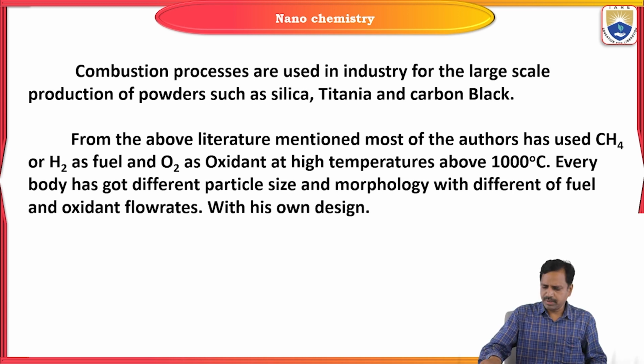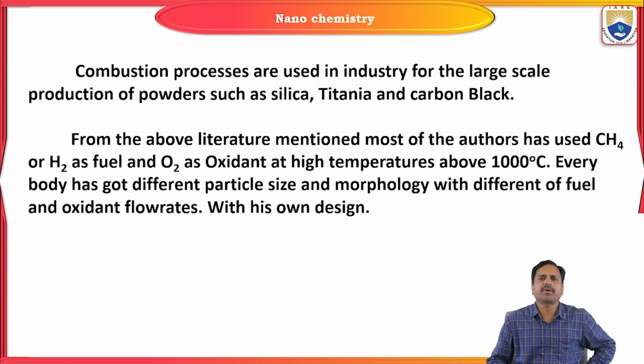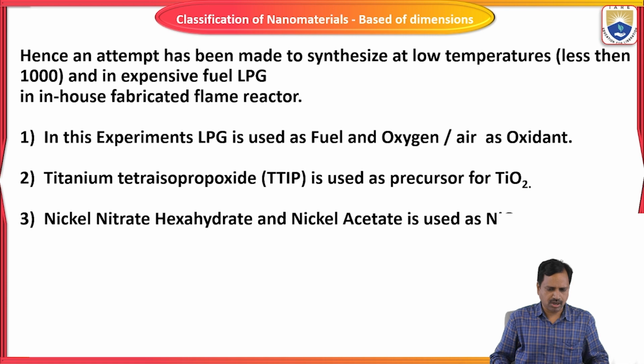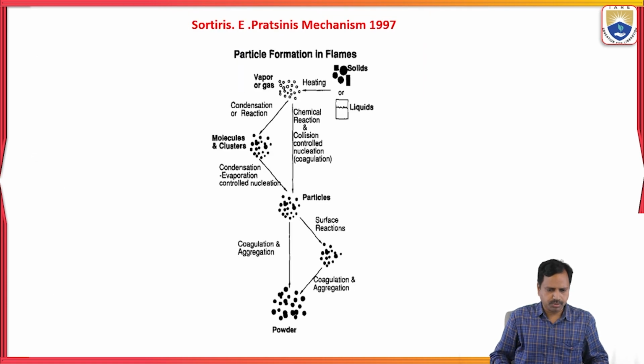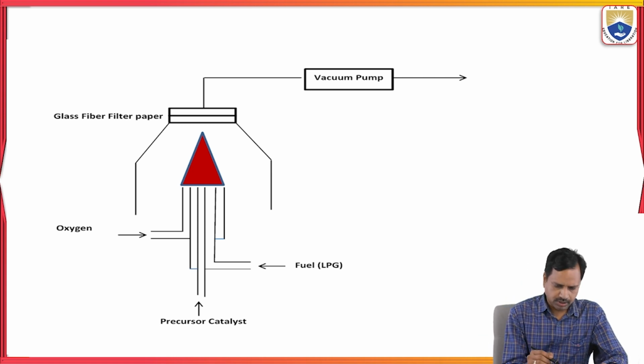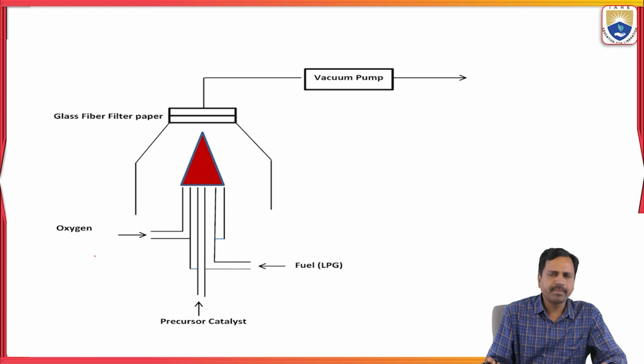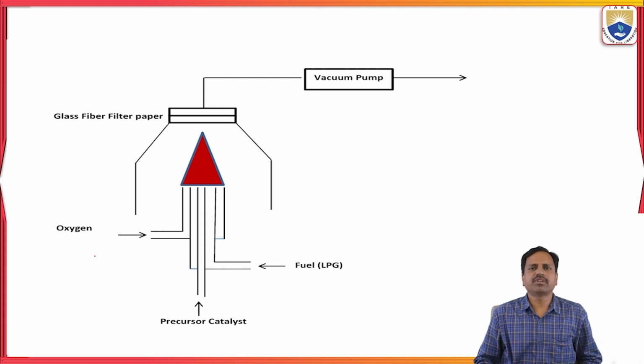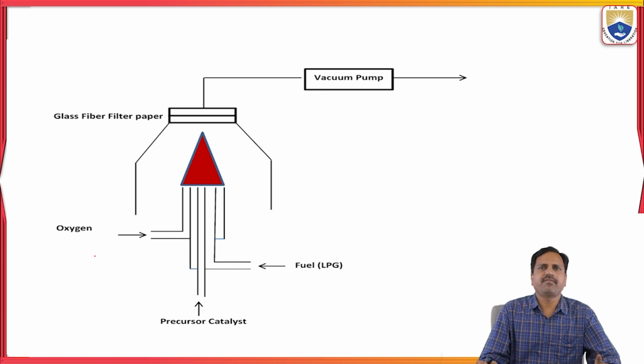The flame synthesis method is one of the methods to synthesize nanomaterials. This process is also called the combustion method. So this is a method in which we use one fuel, one oxidant, and the precursor material.